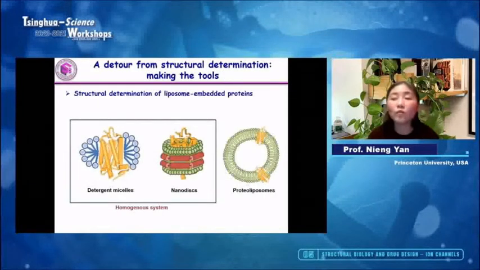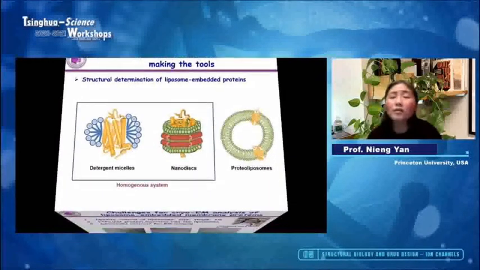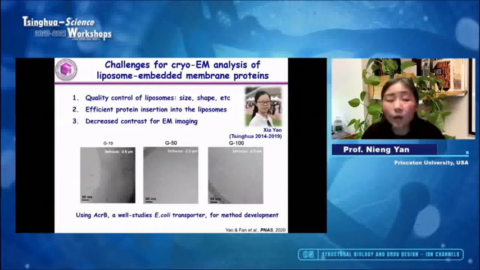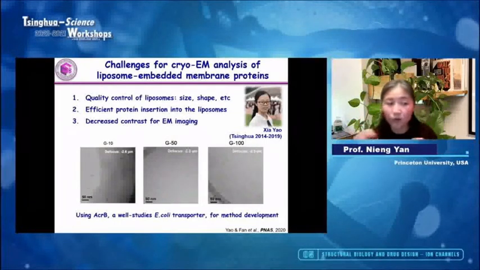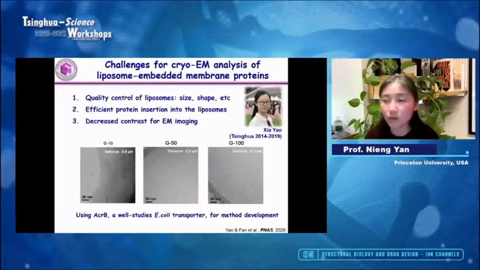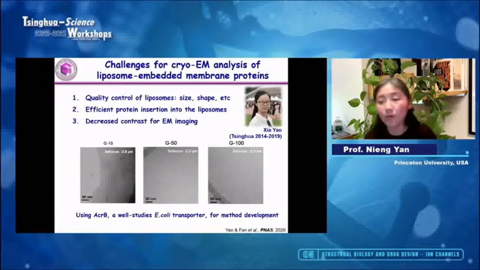For liposome-embedded protein, there are again several technical bottlenecks. First is how you can reconstruct a structure from proteins embedded in liposomes. Xia Yao, who got her PhD with Professor Yu Rao in the School of Pharmaceutical Sciences at Tsinghua, has been focusing on this.